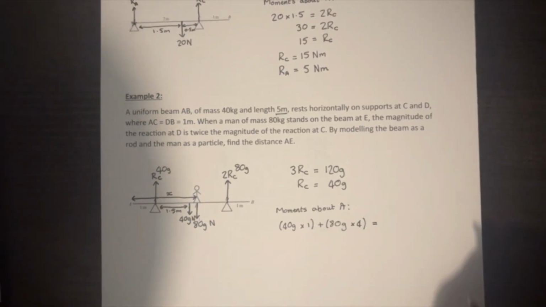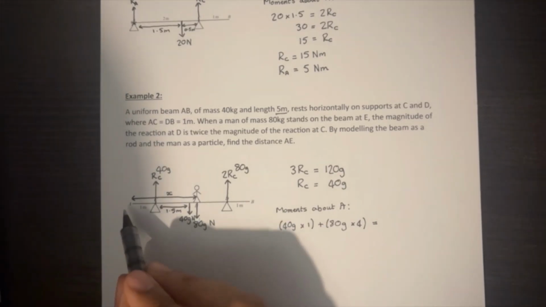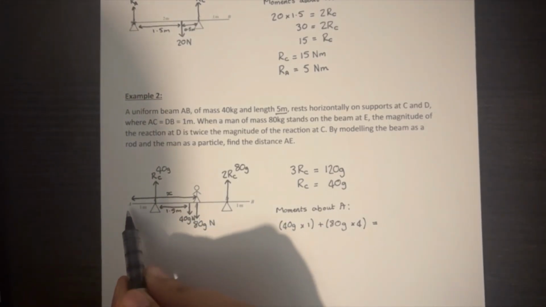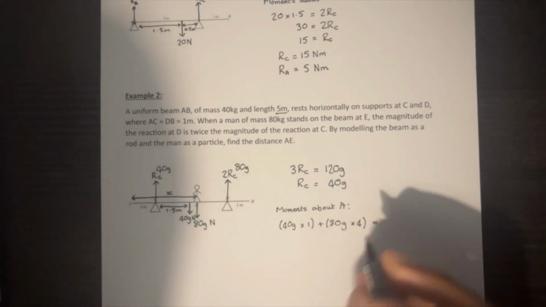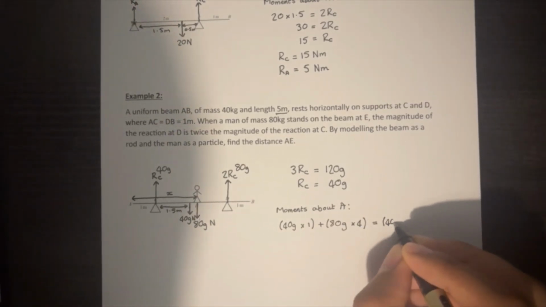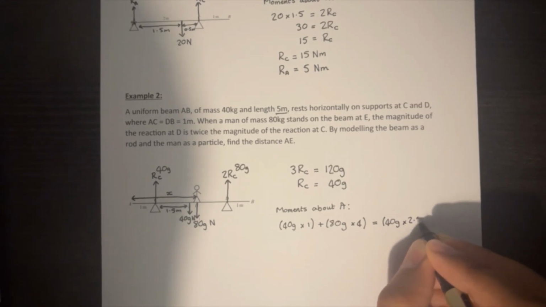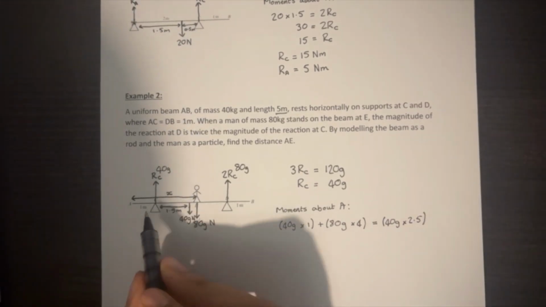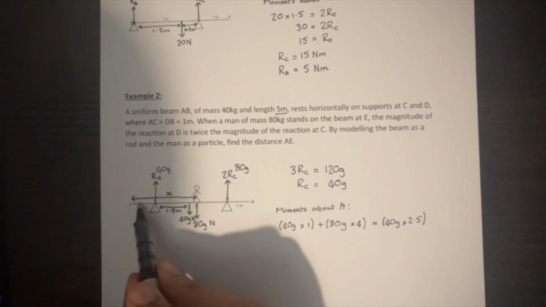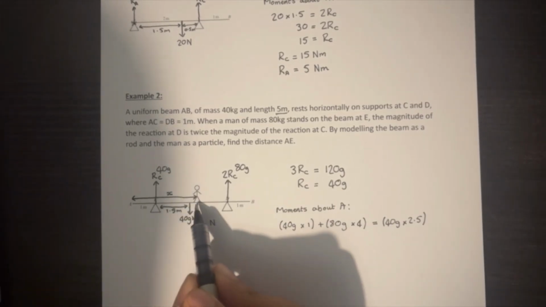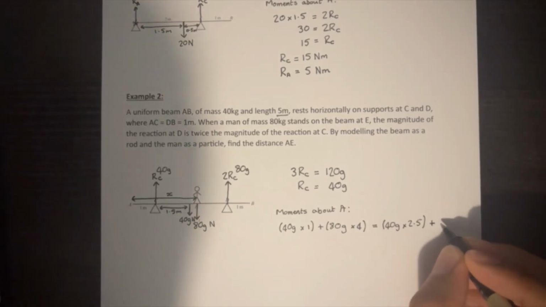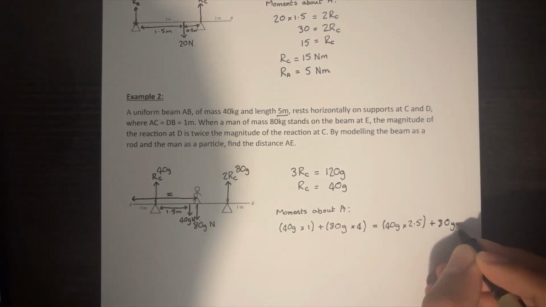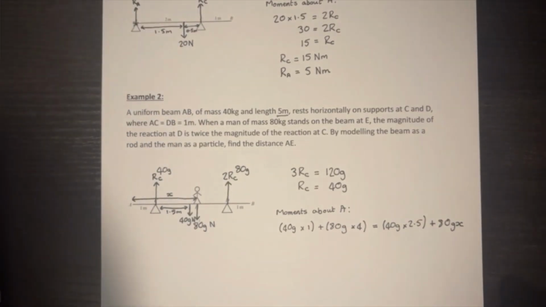That must be equal to the moments in the clockwise direction, where I have 2.5, this 1 plus this 1.5. So I've got 2.5 times 40g, and I've also got the distance x times 80g, so plus 80gx.